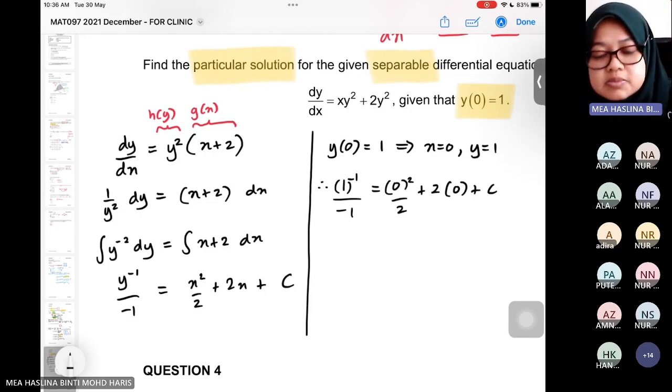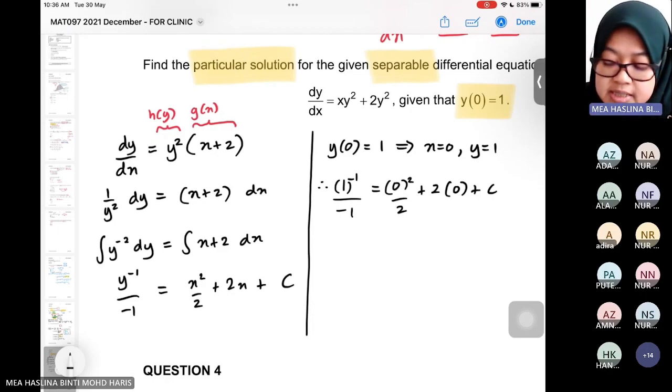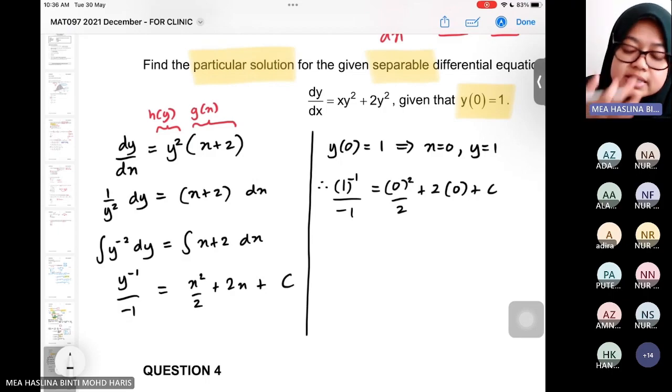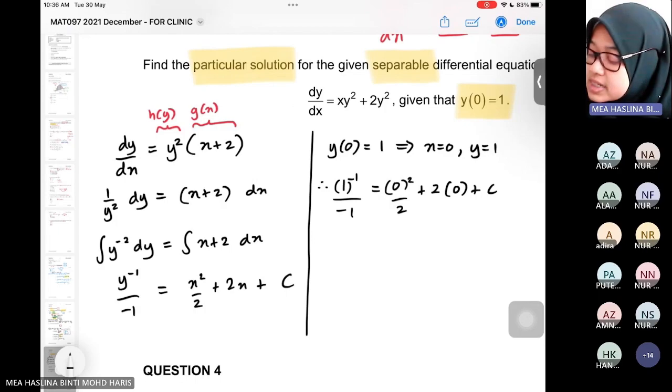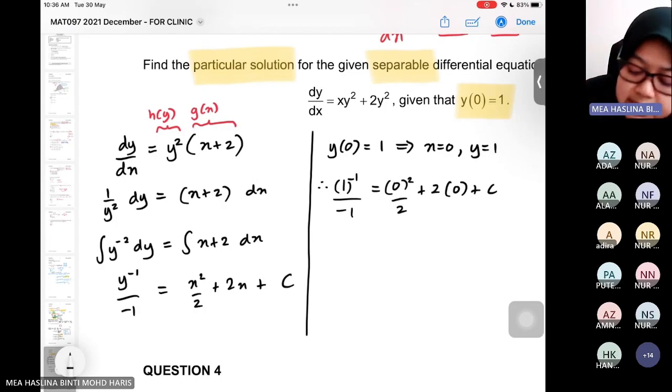Why can we simply substitute directly? Because it doesn't involve any undefined case. Usually an undefined case happens when you have a natural log function with a negative input. So in this case, you can substitute directly. So here you have negative 1 equals c, so c equals negative 1.